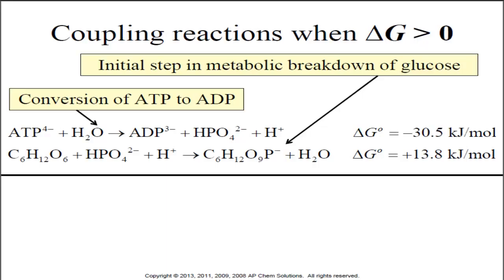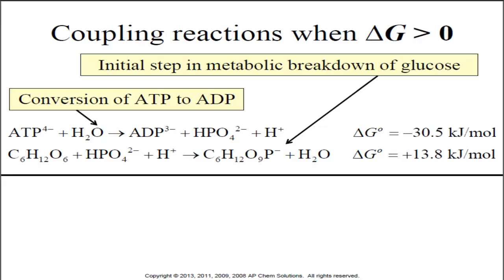Now you can see we have some intermediates in here, the HPO4 ion and the hydrogen ion act as intermediates because they're produced in this step and they're consumed in the second step. But you can see overall this process gives us a negative delta G value.